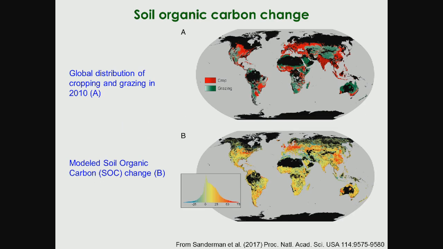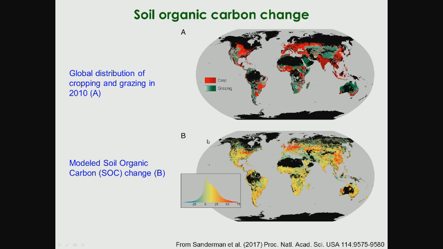This change in the soil organic carbon pool has been analysed in a number of studies, such as this one here. This is data from a 2017 paper, where they modelled the changes in the soil carbon pool due to changes in agricultural practice and land use activities.